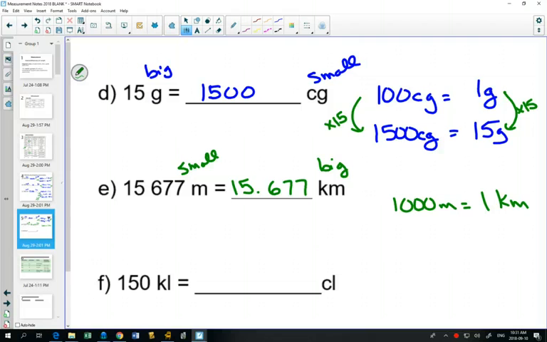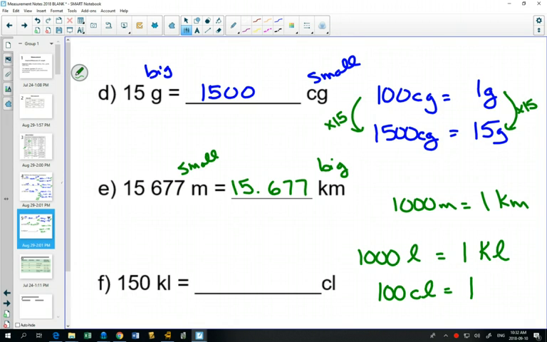So something we can do to think about this. We know that there would be 1,000 liters in 1 kiloliter, and we know that there are 100 centiliters in a liter.